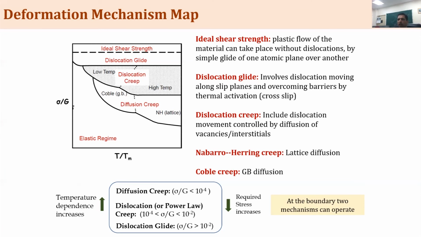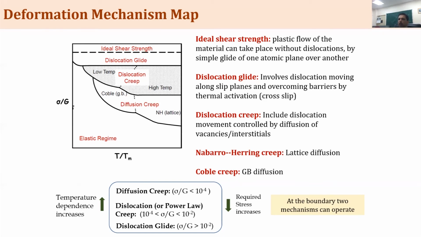Then we have dislocation creep, which includes dislocation movement controlled by diffusion of vacancies and interstitials. So this dislocation creep, which is climb controlled, involves dislocation as well as the diffusion of vacancies. And if we go to the lower stresses, then we have the diffusional creep, which can be Nabarro-Herring creep for high temperatures and Coble creep for lower temperature.